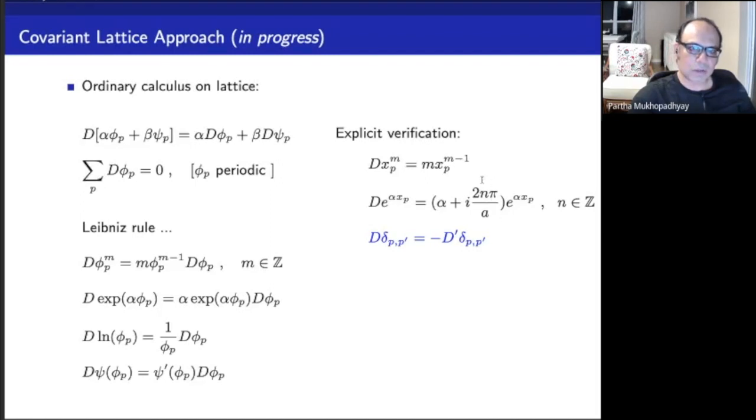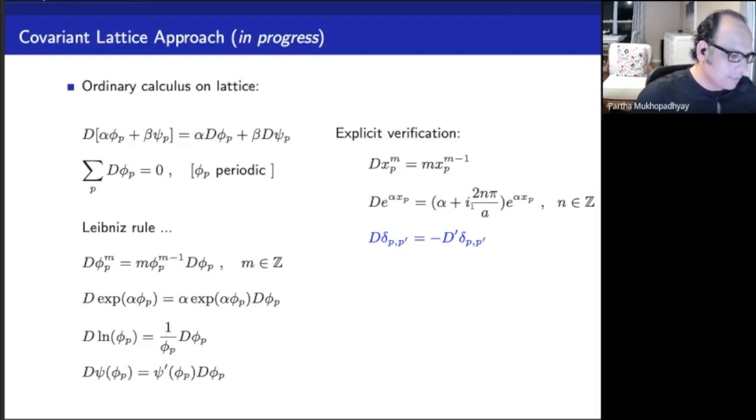This part is a logarithmic branch cut ambiguity. You have to choose the branch each time you calculate the derivative on this exponential. The reason for this is that because x_p is a lattice point, whether it is alpha x_p or alpha plus this number times x_p, you cannot distinguish. So there is an ambiguity, and this is relevant.